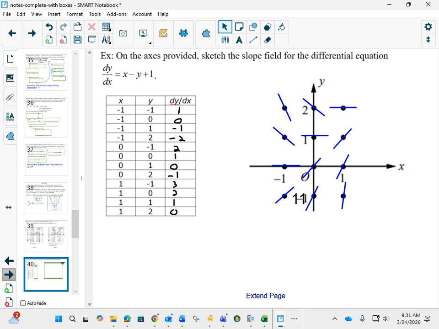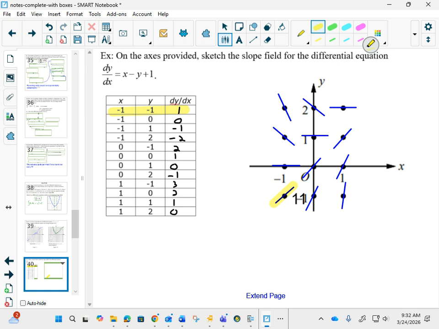So while you're writing some of these down, I'm going to take out my highlighter and just connect you to a couple of these. So for example, that information is that slope.